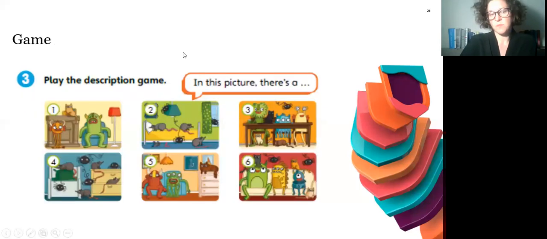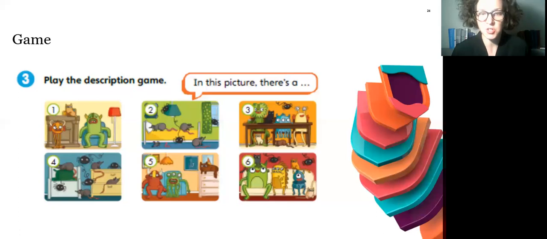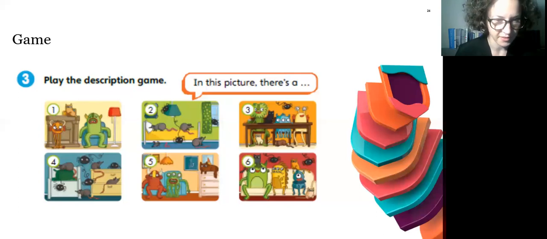And then students play the description game. In this picture, one student says, so in this picture, there are 4 mice. And what picture is it? In this picture, there are 4 mice.